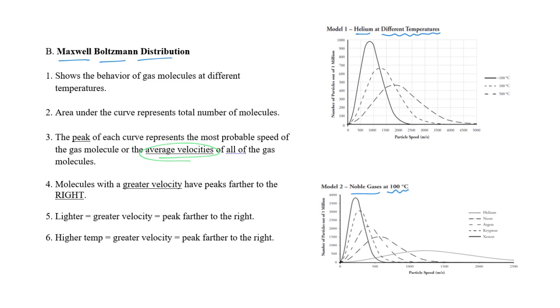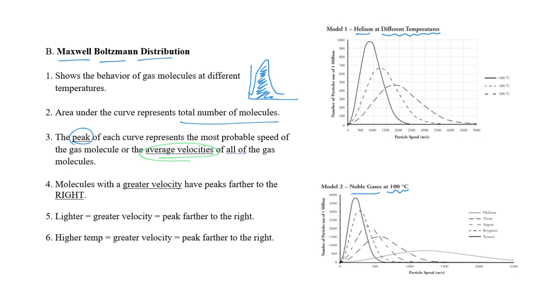So if I'm looking at just one curve, and it looks something like this, the area under the curve is going to represent the total number of molecules of that particular gas sample.